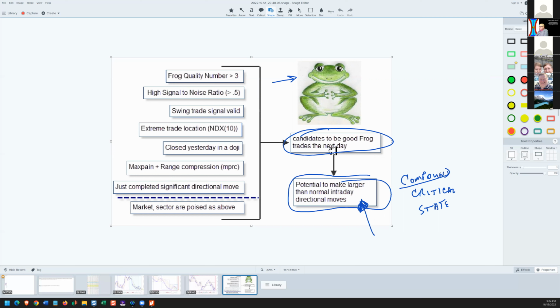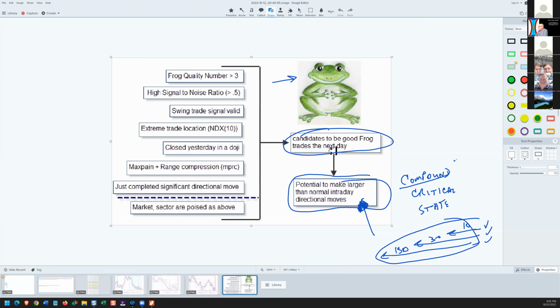And the idea of the compound critical state is we can start stacking these things up, that if we now look at a 10-day look back, a 30-day look back, and a 150-day look back in the sniper, if these are all in critical states in each one of those lookbacks, we now have 3 different demographics that are all contriving and conspiring to make this a large potential move.